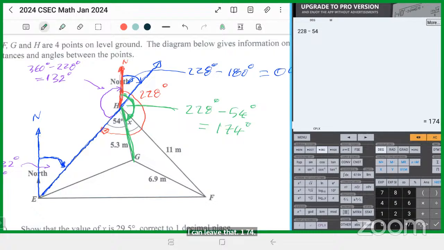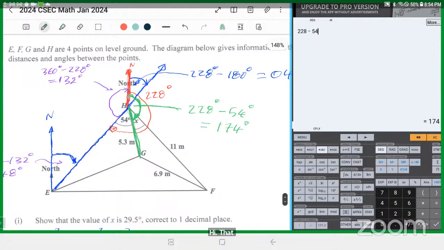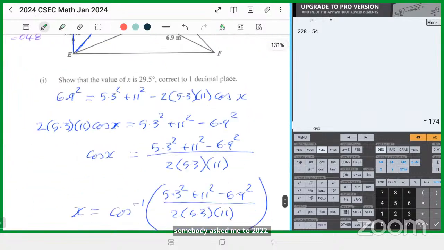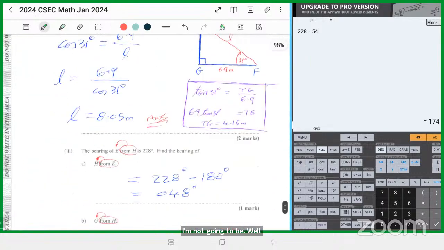Alrighty. That is that. If I ask a question, what time is it now? 9 o'clock. Oh, somebody asked me to do 2022. I'm going to do it before I leave. If you know I leave, I can go on. More maths equals better maths.